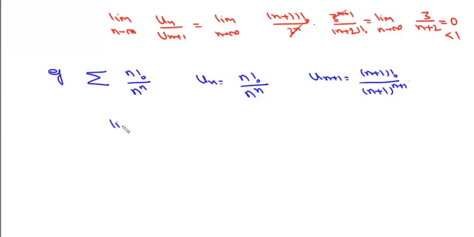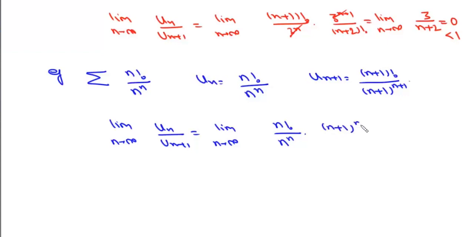Now we'll find this limit, n tends to infinite, un upon un plus 1. So it will be this limit, factorial n upon n to the power n divided by n plus 1 to the power n plus 1 upon factorial n plus 1. Now this factorial n and factorial n plus 1 will cancel. So we'll have this n plus 1 and this n plus 1 will also cancel.